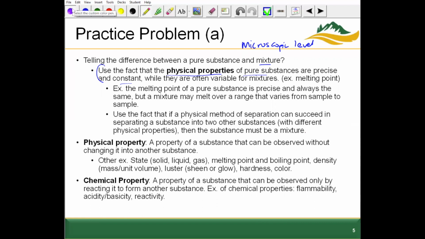An example here that relates to our sample B is for melting point. So say we had a mixture of solid where some of it was this purple solid, another part of the mixture was this red, but let's say that we couldn't tell just visually that there are purple and red components or purple and red molecules.